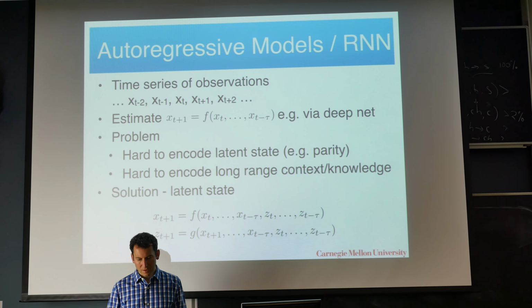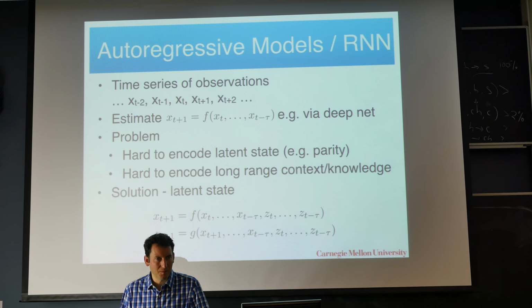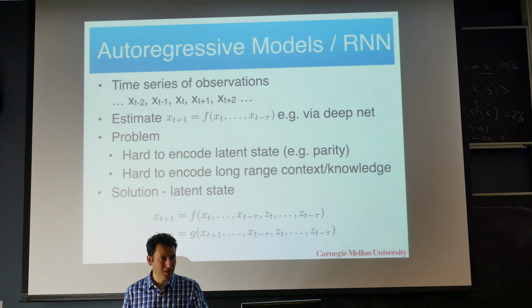Now, you can actually do this by basically adding a latent state. So you would assume that in addition to x, we have some variables z, and they are not observed. This is similar to what we would have in an HMM, a hidden Markov model. And just in the same way as x is propagated through time, we also propagate the latent state.